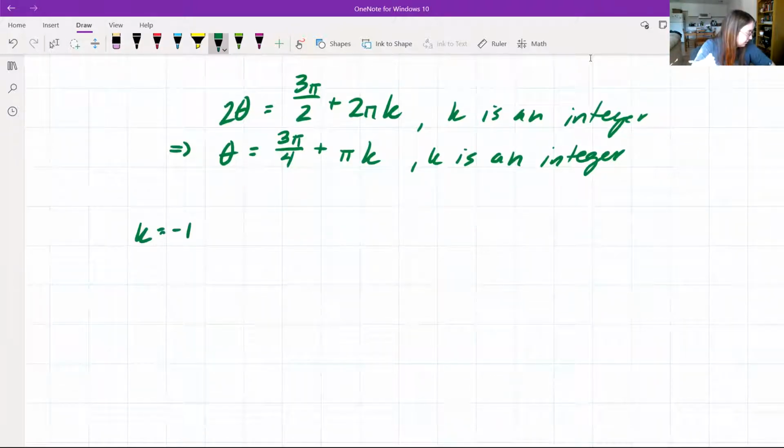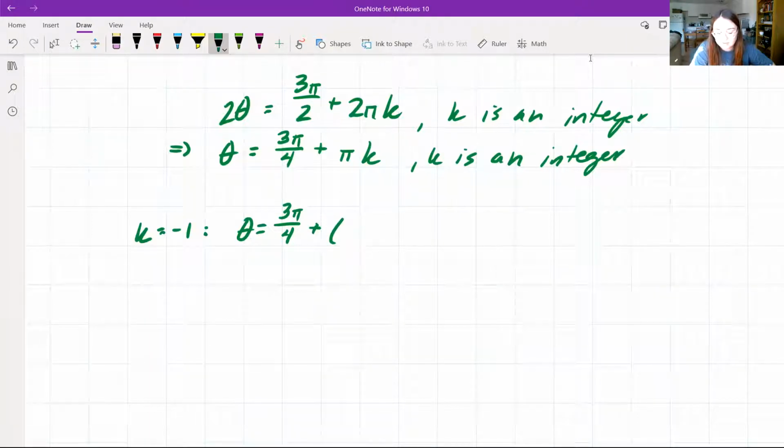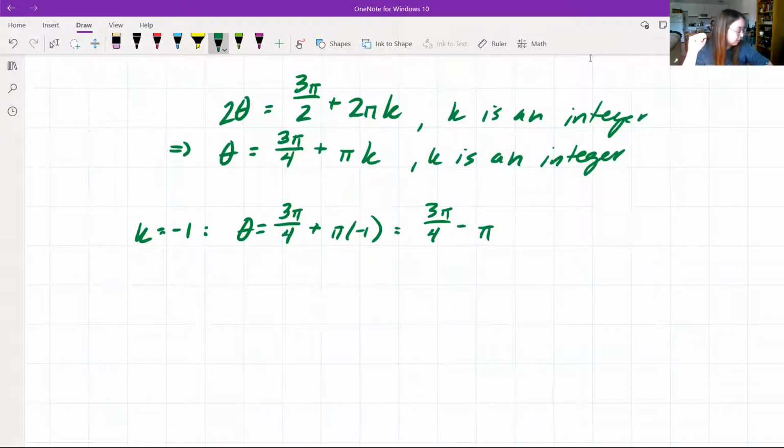If we start with k equal to -1, theta is equal to 3 pi over 4 plus pi times -1, so 3 pi over 4 minus pi, which leaves us with -pi over 4. -pi over 4 is not in our unit circle, so it's not one of our values.